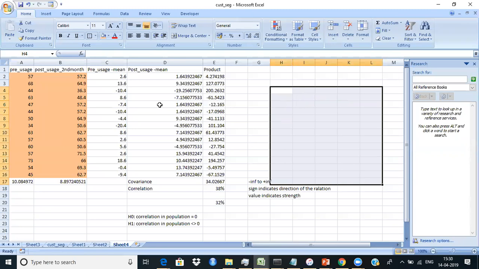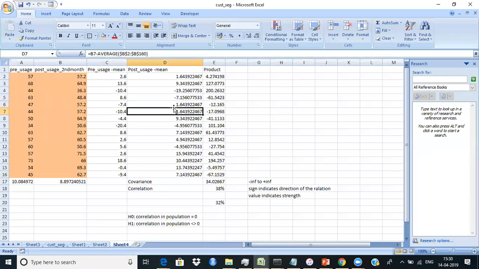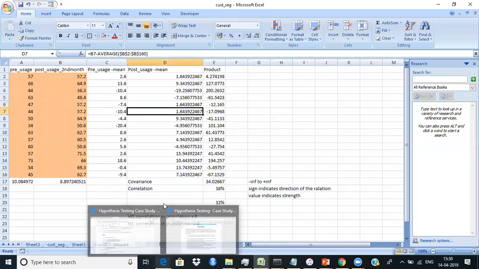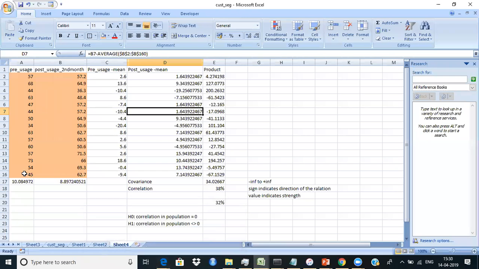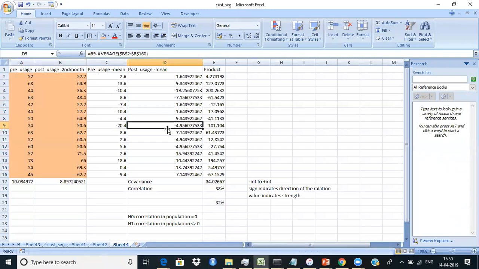Yes. There was a question from online. In this example, we took around 15 IDs and compared the pre-usage and post-usage with the mean of that sample.